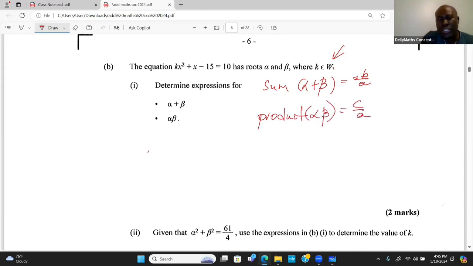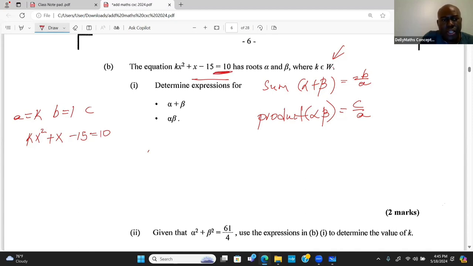So what we're going to do is to take that and represent it, because you notice this says write expressions for it. Let us take kx squared plus x minus 15 equal to 10. From this, a is equal to k, b is 1, and we have to work out c here, because all of this is equal to 10.